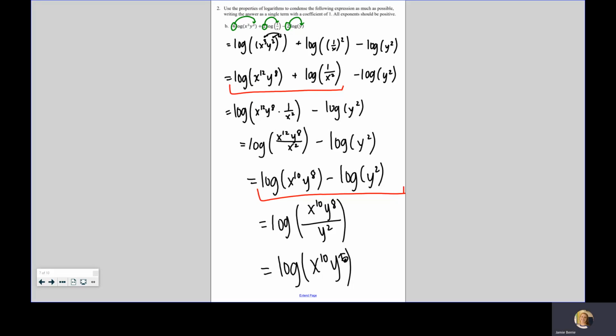Let me rewrite that, y to the 6th. That looks a little better. So again, we can tell that we're done because we have our answer written as a single logarithm. We went from having 3 logarithms down to 1 logarithm, with a coefficient of 1 out front, and all of our exponents are positive.